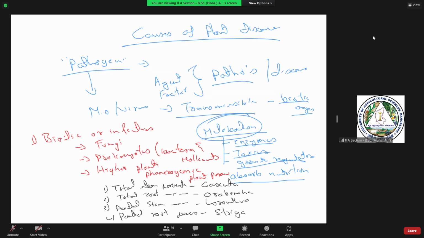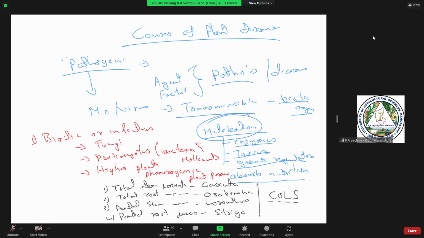Basically, these are plants which parasitize other plants. So you can just remember as codes: Cuscuta, Orobanche, Loranthus, and Striga. Total stem parasite, total root parasite, partial stem parasite, and partial root parasite.